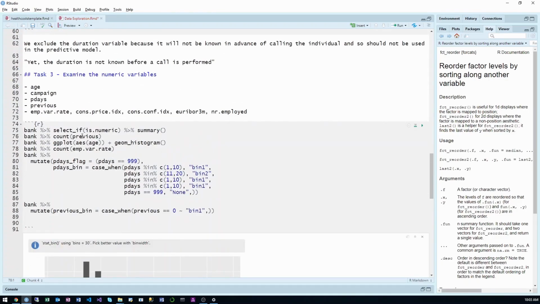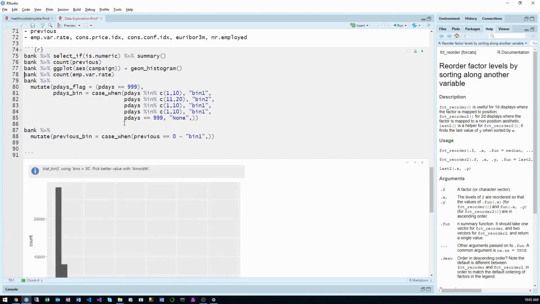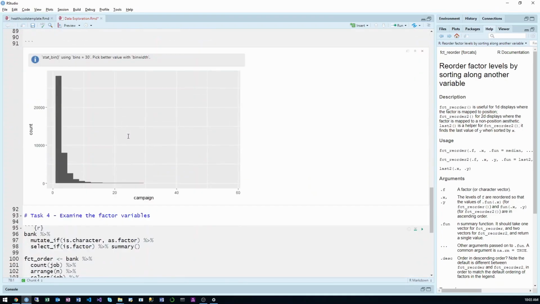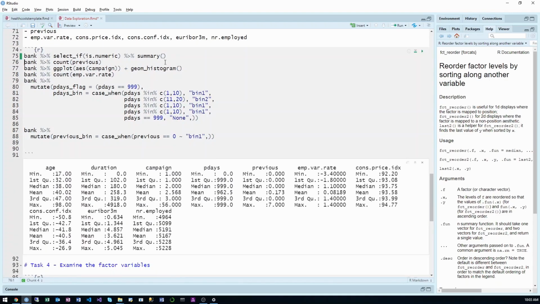I can look at campaign. Campaign is between 1 and 56, and it is also right skewed. Now, it looks like there might be some values that are very high.